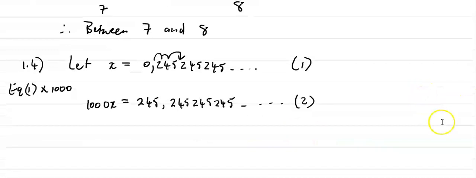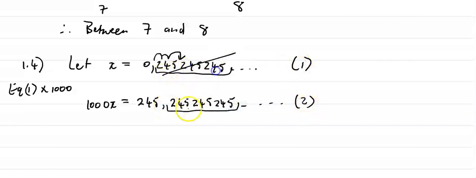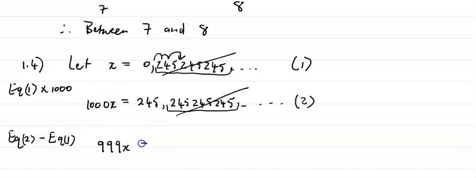The whole point of this is to make these recurring parts the same. That's why you multiply, because when you subtract equation 2 minus equation 1, these recurring parts will cancel off. So we say equation 2 minus equation 1, and you get 1000x minus x is 999x equals 245 minus 0 is 245, and the recurring parts cancel out.